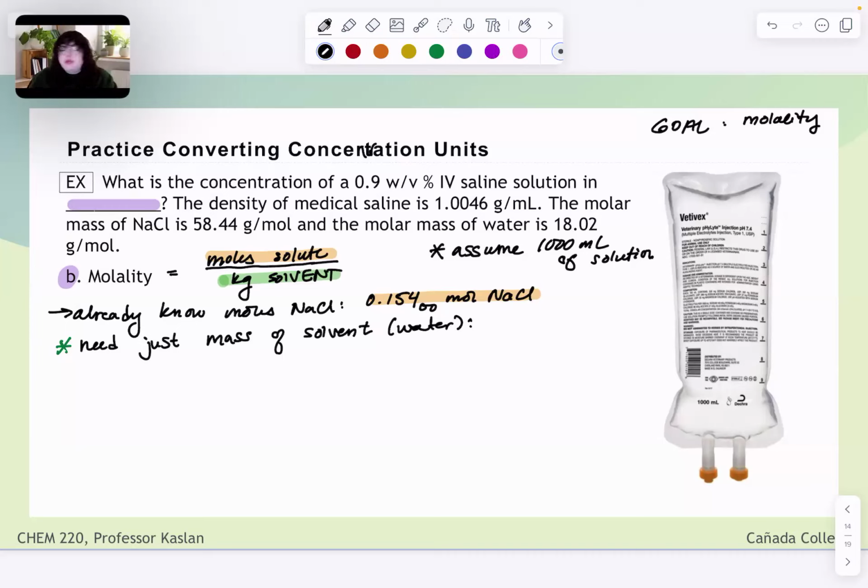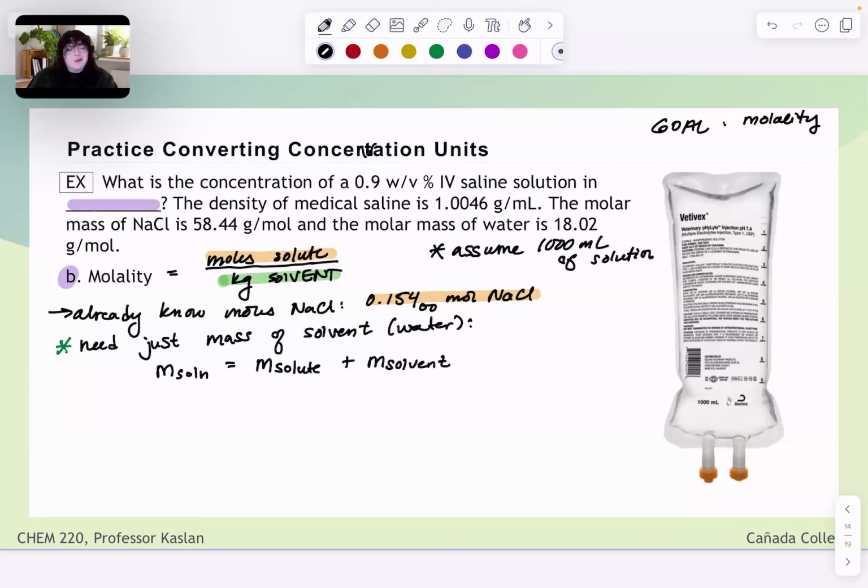And a good thing to remind ourselves of anytime we're talking about masses of solutions or components of solutions is the law of conservation of mass, meaning the mass of the solution in total is equal to the mass of the solute plus the mass of the solvent. I mix two things, their total mass in sum is equal to the mass of the resulting mixture.